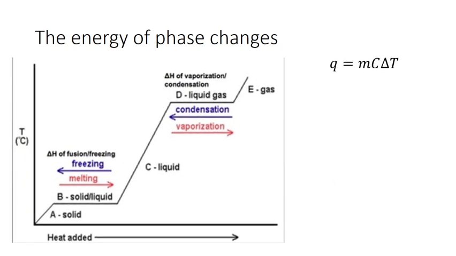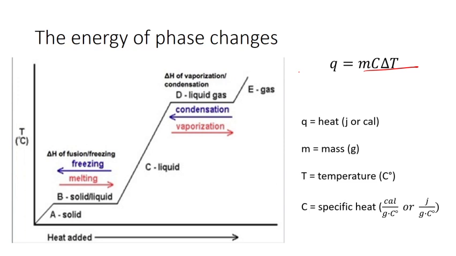And we have an equation that goes along with that: Q equals mc delta T, or QMCAT. What each of these stands for: Q, of course, is heat. m would be the mass of your substance, T the temperature in Celsius, and c the specific heat, either in calories per gram Celsius or joules per gram Celsius.